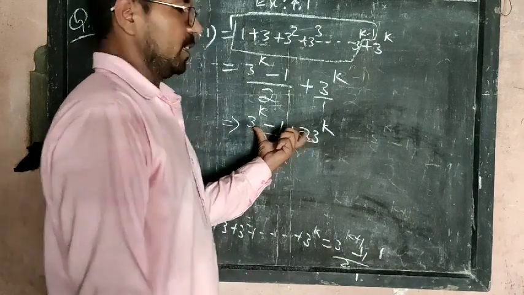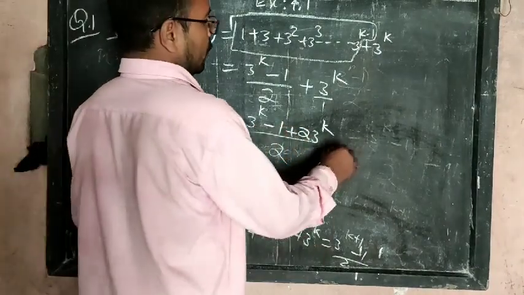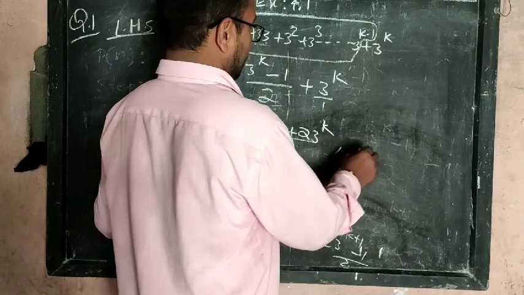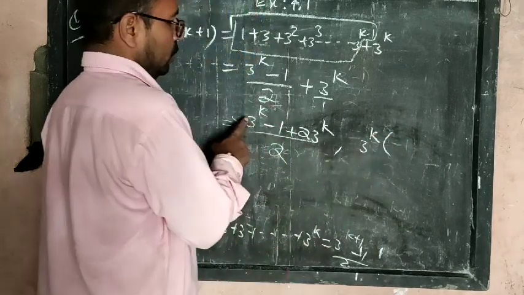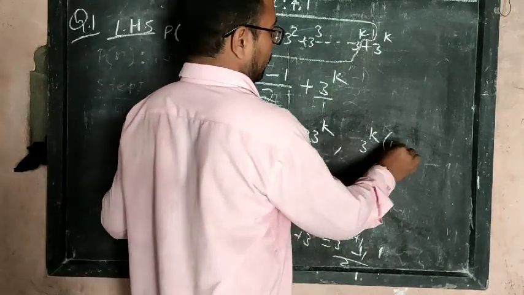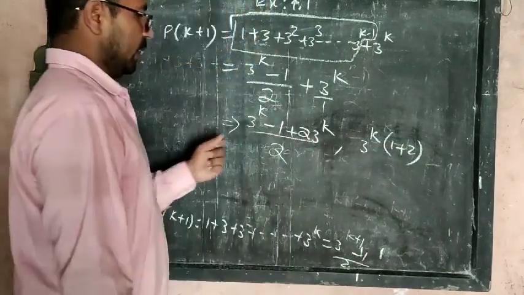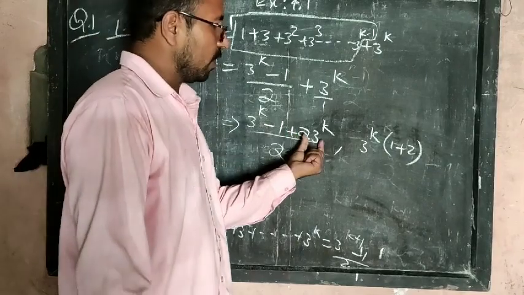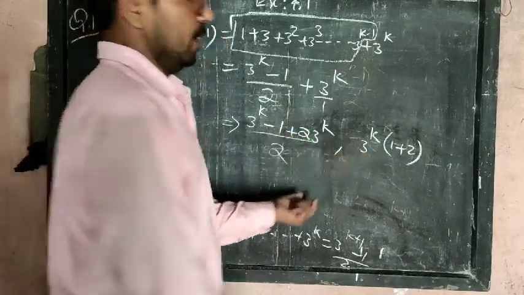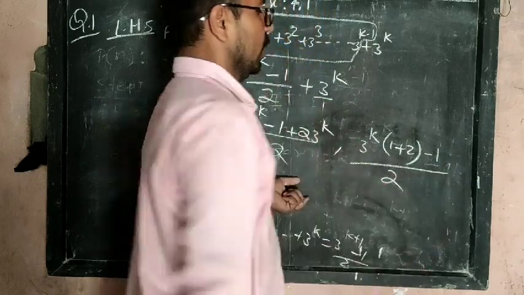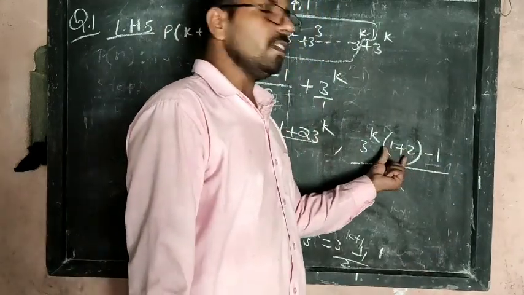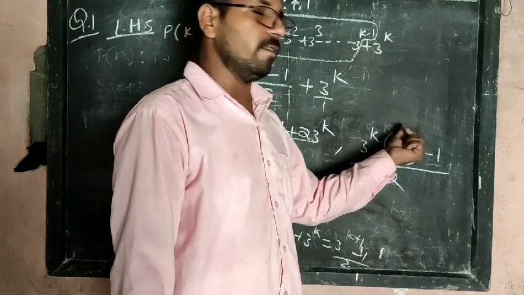We get 3 to the power k common, so 1 plus 2. As we are taking 3 to the power k common, minus 1 remains and is written as it is, by 2 remains the same. So 1 plus 2 is 3, and we get 3 to the power 1 here.